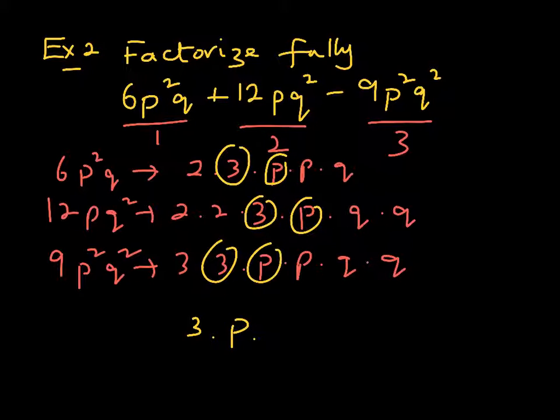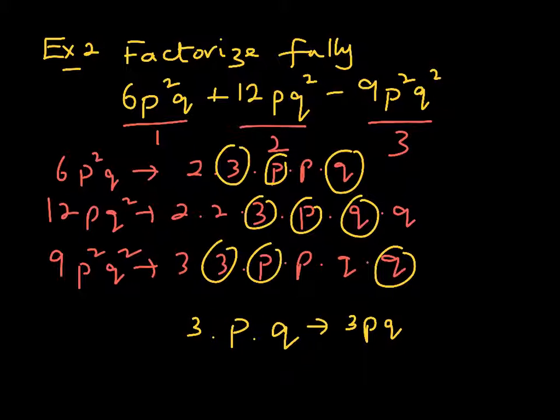Is the second p common to the 3 of them? No. This one has 2 p's, this one has 1 p, this one has 2 p's. So it's not. What about q? Is q common to the 3 of them? Yes, that's q, and that's q, and that's q. So times q. So now we know that the common factor to the 3 of them is what?